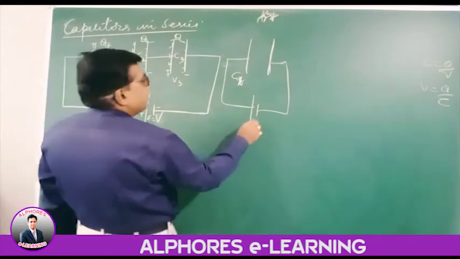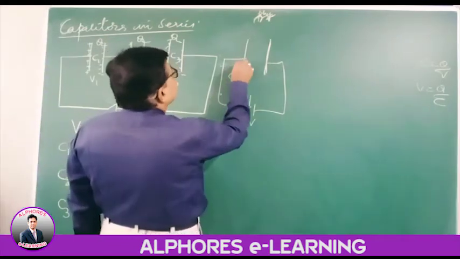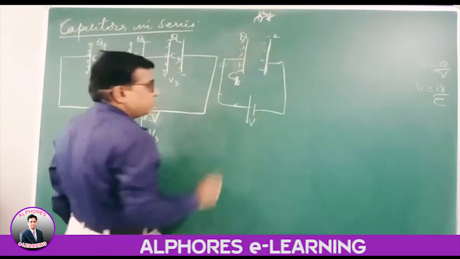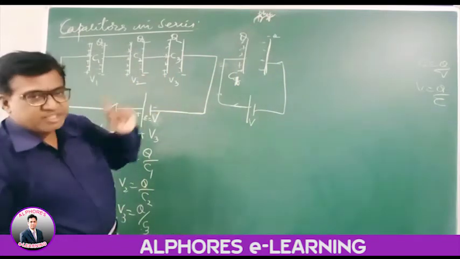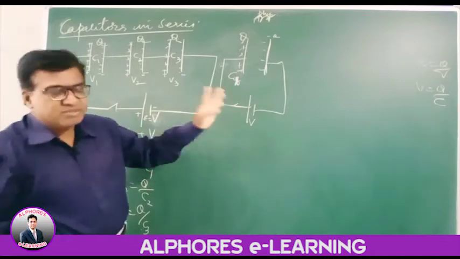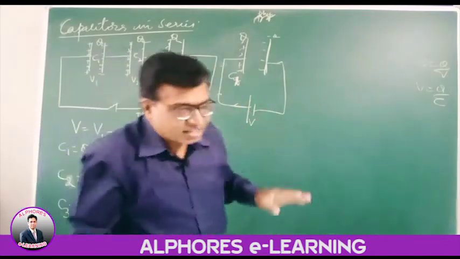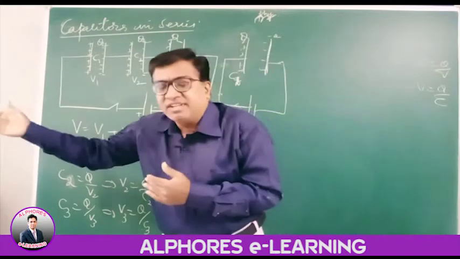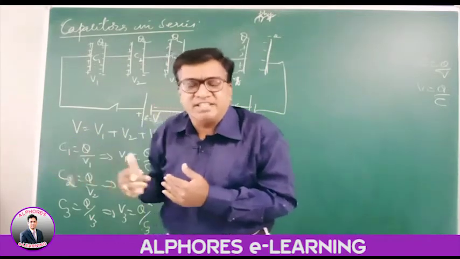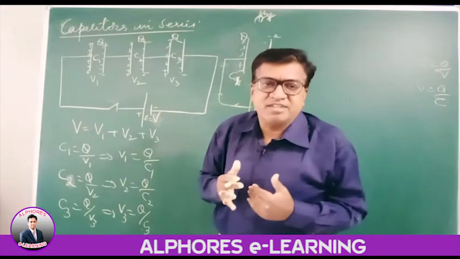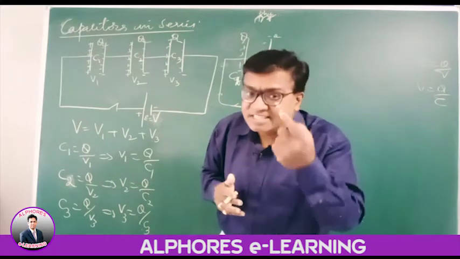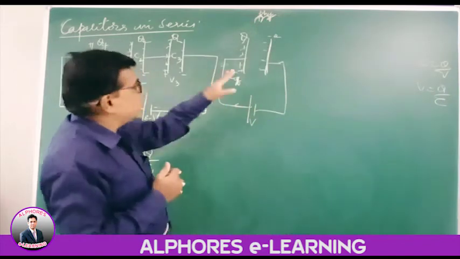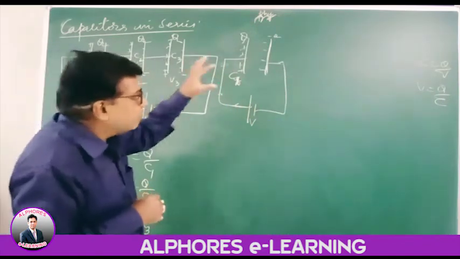So if I take this, the charge in it is Q and this is minus Q; the same charge is produced and the effect is also the same. The single capacitor which produces the same effect as these capacitors connected in series is called the effective capacitor, the resultant capacity or the equivalent capacity.